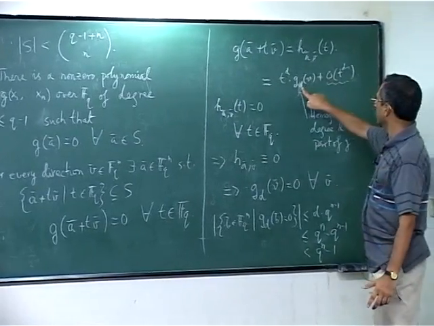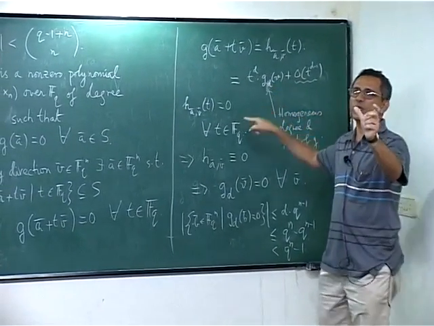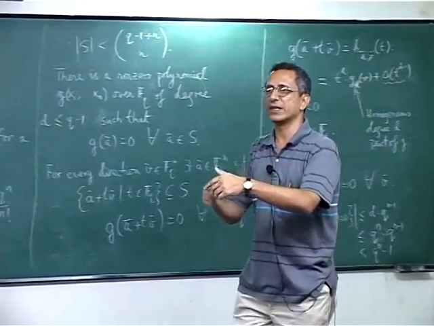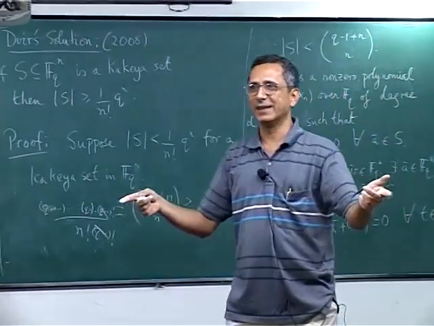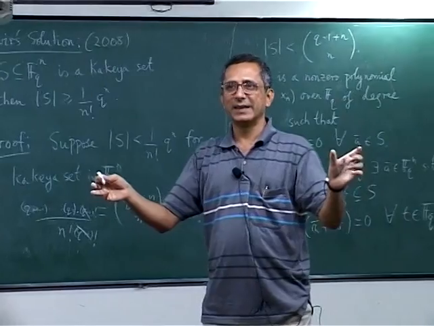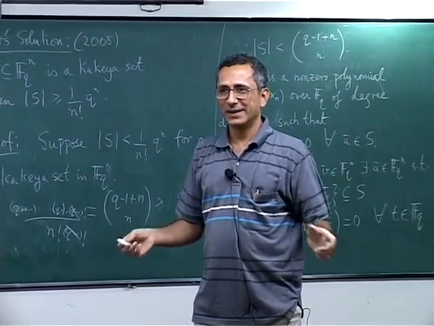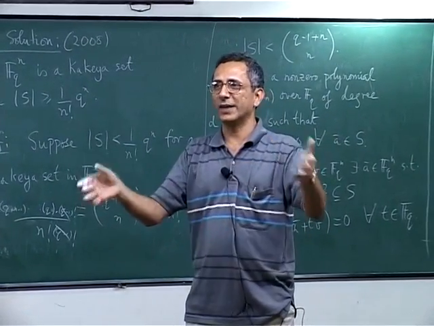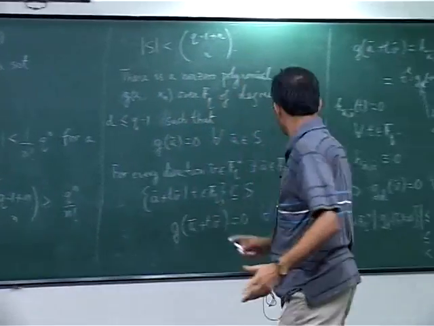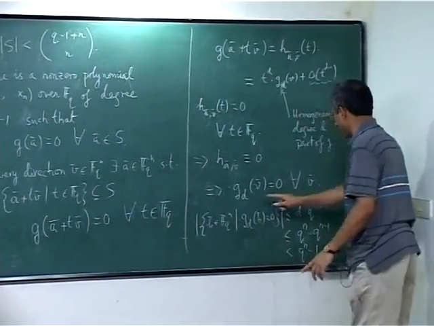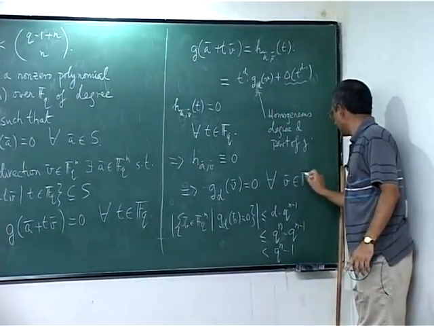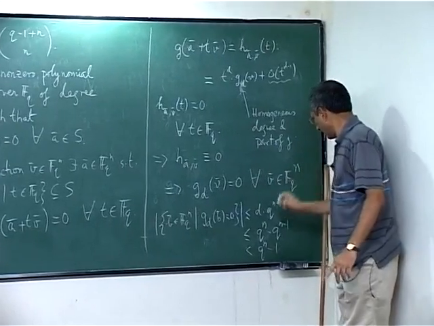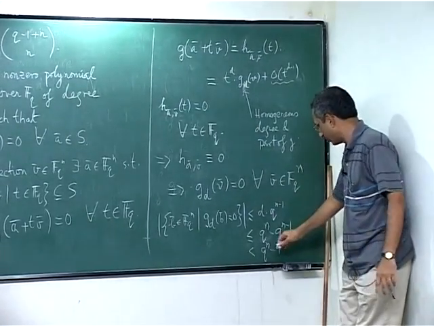Anyway, we know that the degree d homogeneous part is going to vanish at the all-zeros point. Any homogeneous polynomial doesn't have a constant term, it has only degree d terms. If I put all the variables equal to 0, it's going to become 0. So this is actually true for all v̄ in F_q^n. I'm sorry, it's much easier to argue than that.